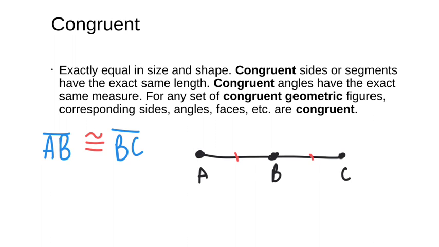One dash would indicate those are congruent. If I added to this picture, I could mark these as being congruent by using 2 dashes. 1 dash will be congruent with 1 dash, 2 dashes will be congruent with 2 dashes.